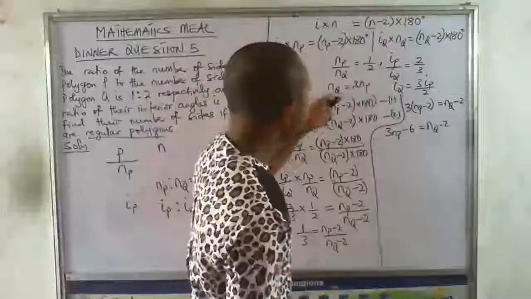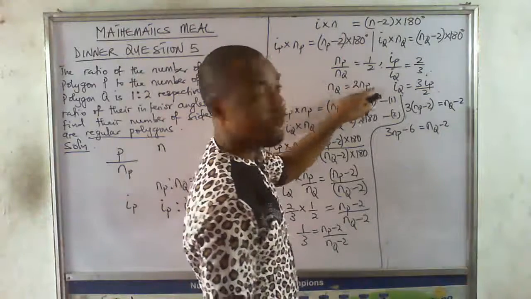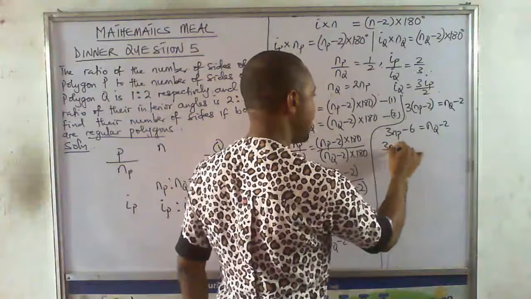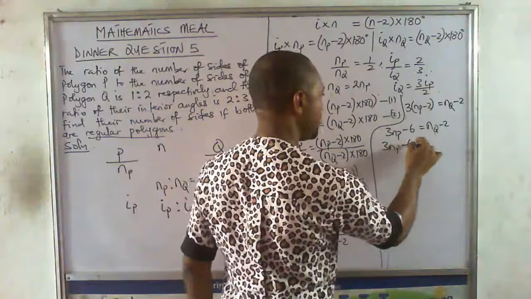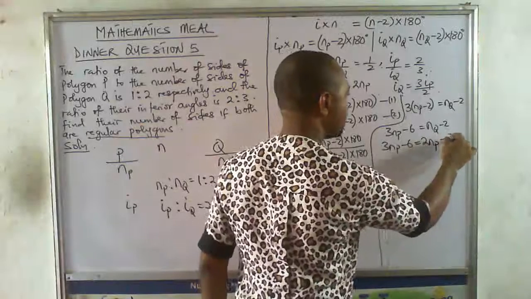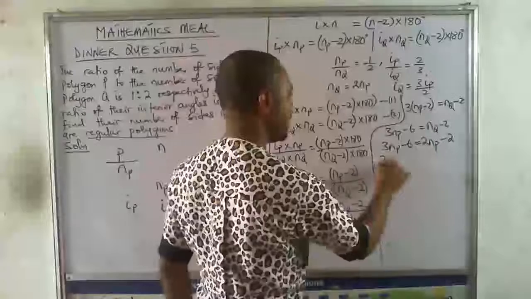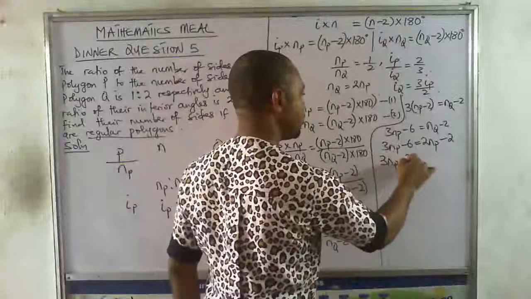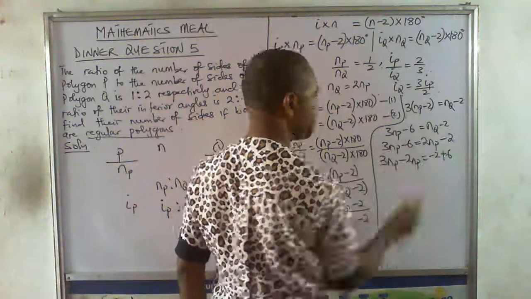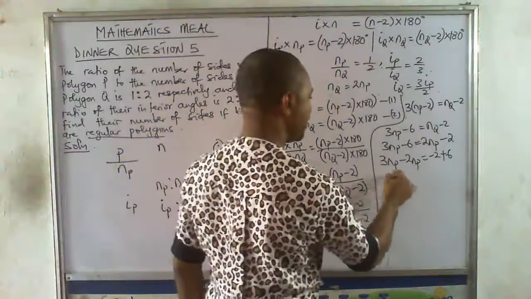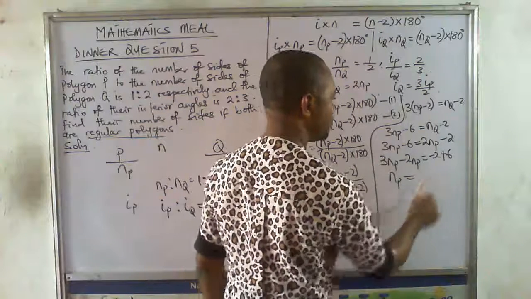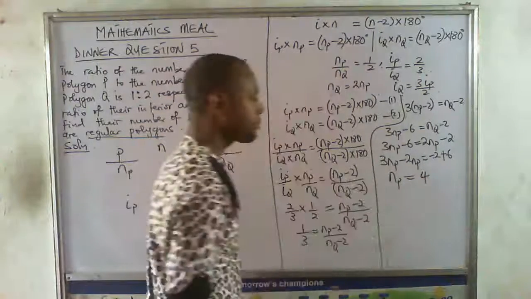Now from here, what is NQ? NQ is 2 NP. So I can substitute that. So I have 3 NP minus 6 is equal to 2 NP minus 2. So collect the like terms, that will give me NP is equal to minus 2 plus 6 when this moves here. So this minus this plus this will give me what? 4.